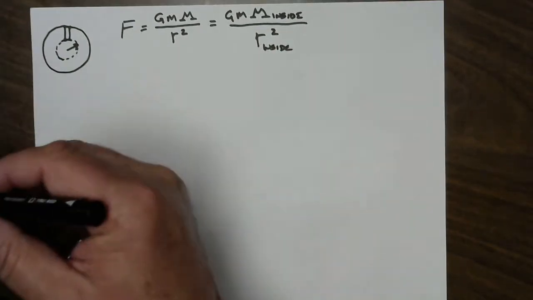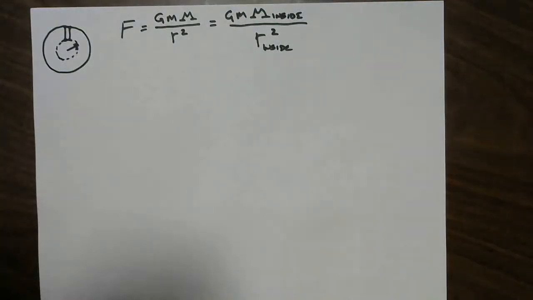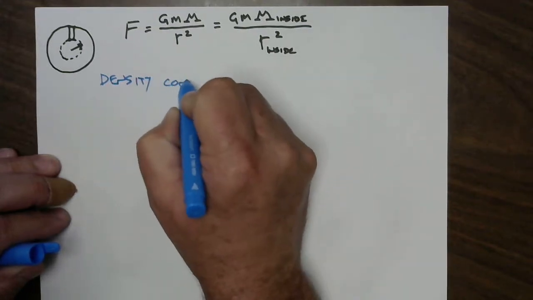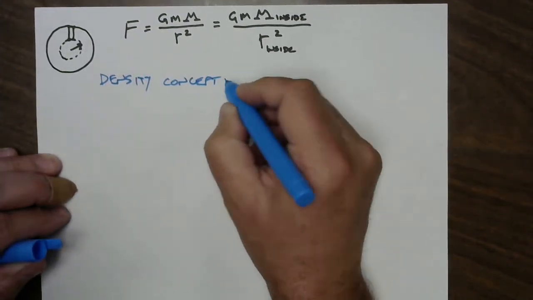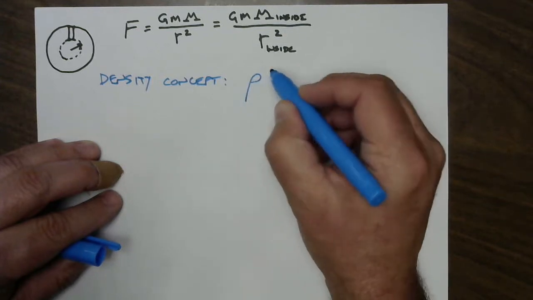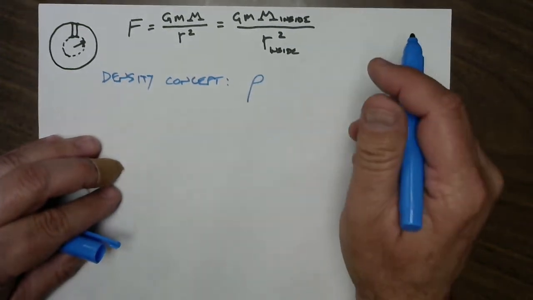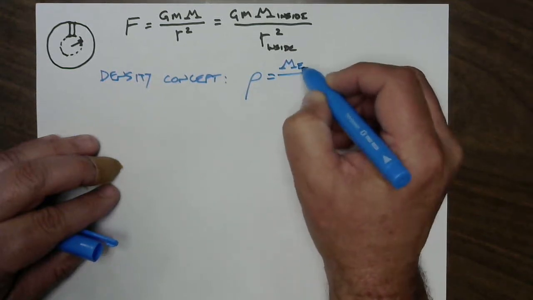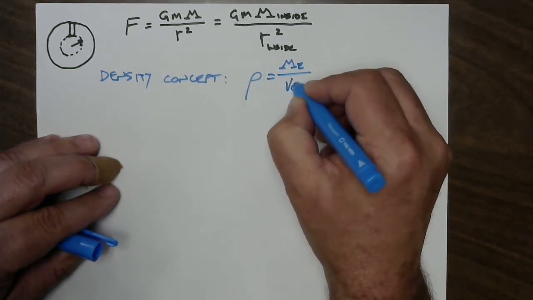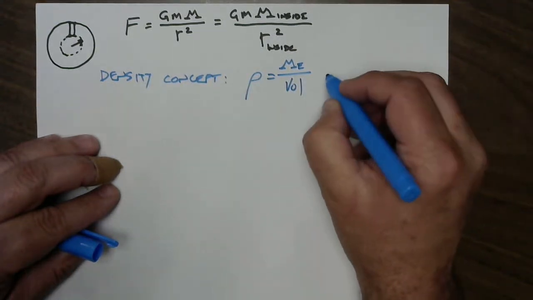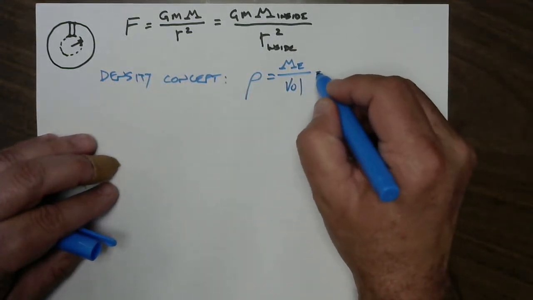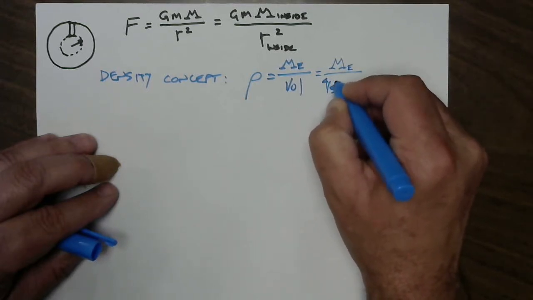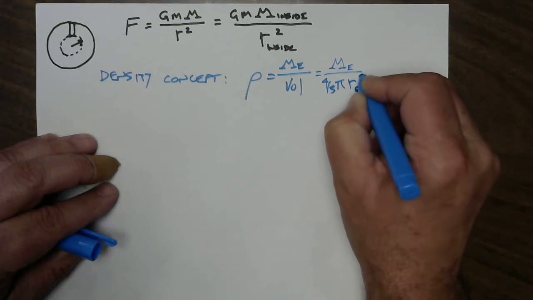We're going to use the density concept. The density concept says that there is this thing called density, which in physics is abbreviated with the Greek letter rho, and it is defined as the total mass of the Earth divided by the volume of the Earth. And of course, the Earth is a sphere, and we're assuming a uniform sphere. So that's going to be the total mass of the Earth divided by 4/3 pi times the radius of the Earth cubed.